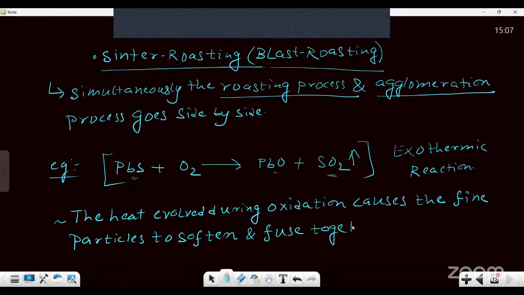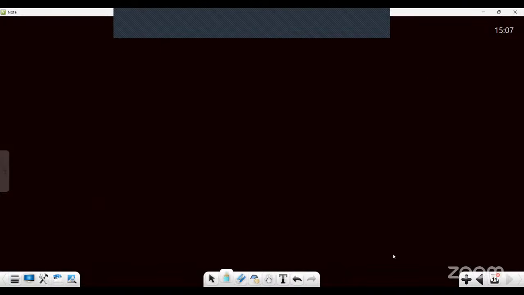So your agglomeration process is also taking place. That is the sinter roasting. So ultimately they form porous hard lumps, which we call sinter.